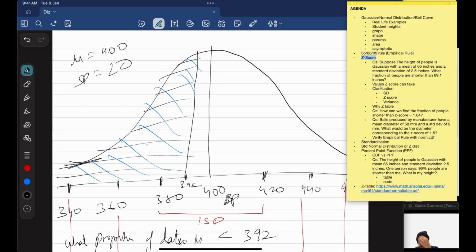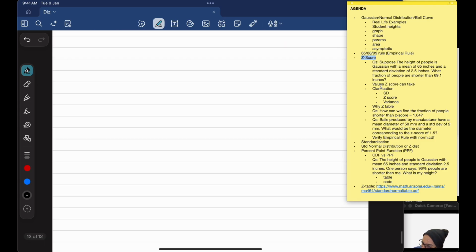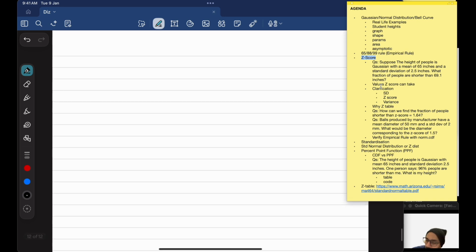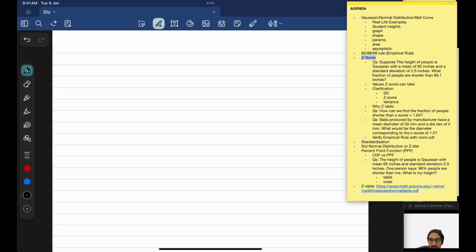The whole purpose, in fact, of z-score is that it's meant to standardize the normal distribution. We'll see what that is, but before that, let's solve this question. Then we'll go into standardization.